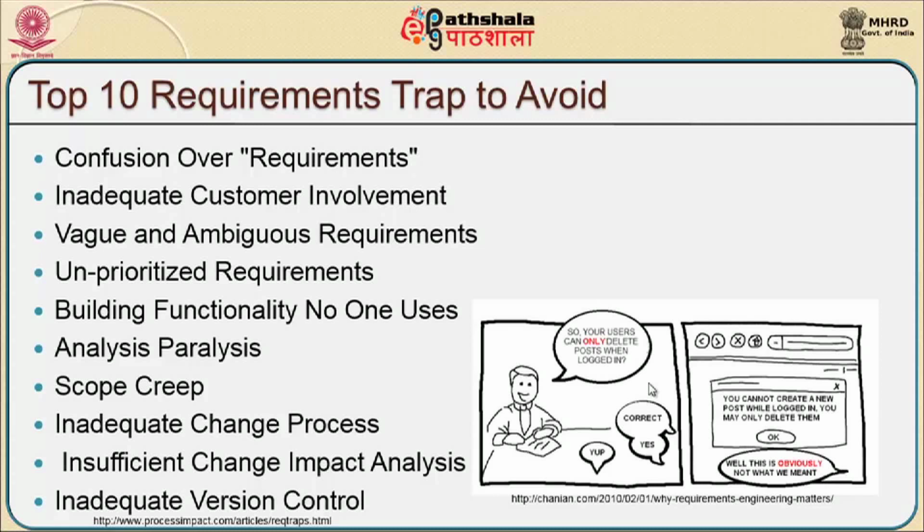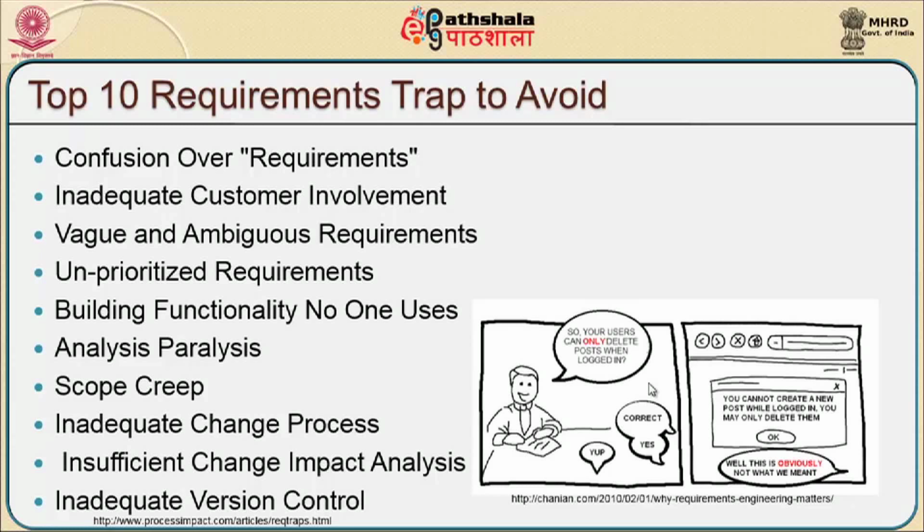There will be inadequate customer involvement. Most customers will want software of a certain format, but they may not want to involve themselves in the development. Sometimes they provide a very vague idea of the software, and it is ambiguous also, so the requirements become very unclear.